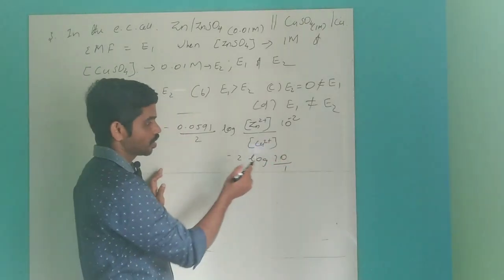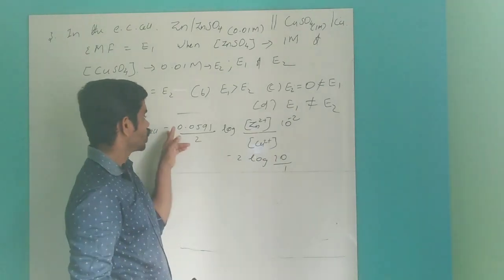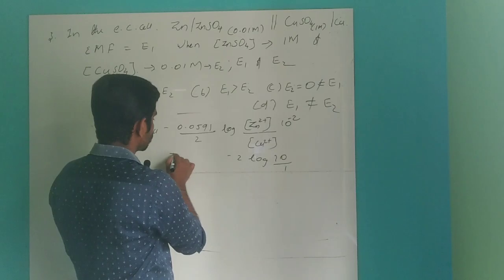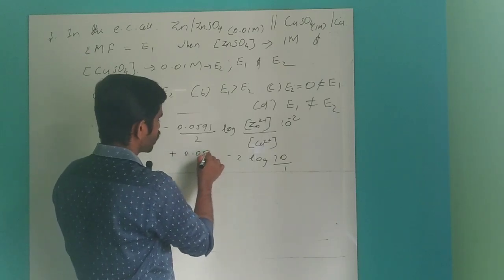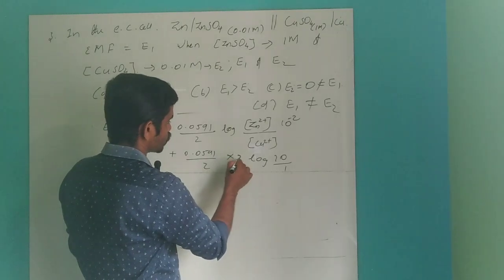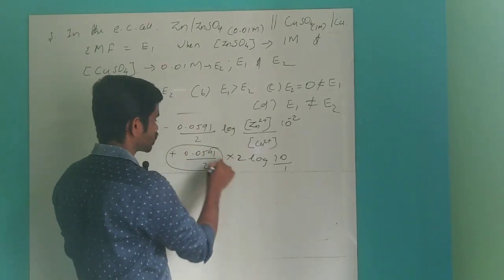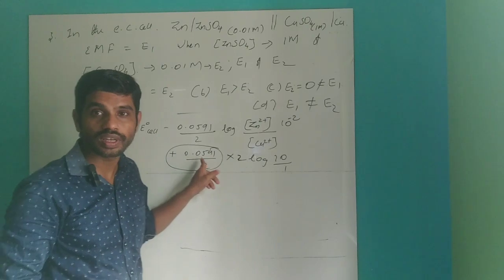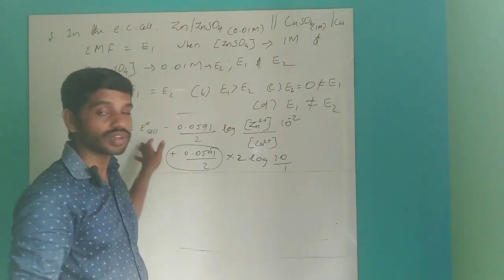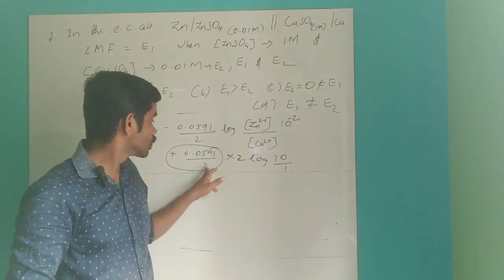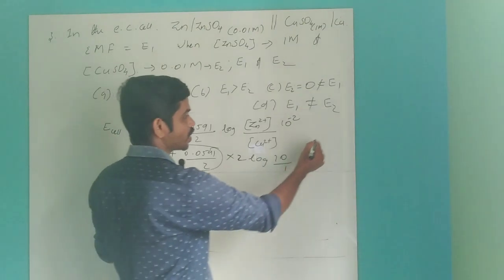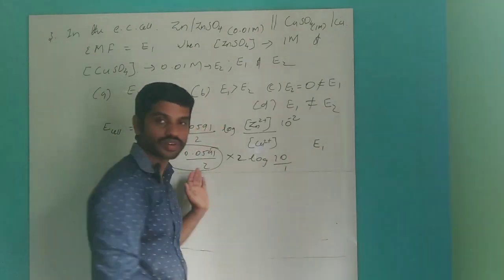So minus 2 into minus, it will become plus, 0.0591 by 2 into 2. So these are becoming plus, so to the E0 cell it will add. So E0 cell will be a positive value and this is adding, so this will be a higher quantity. E1 will be a higher quantity.